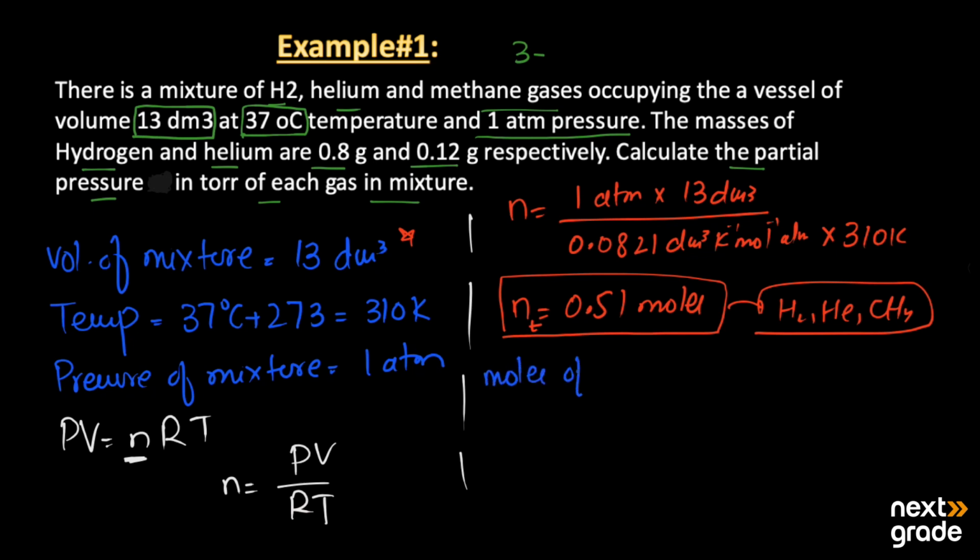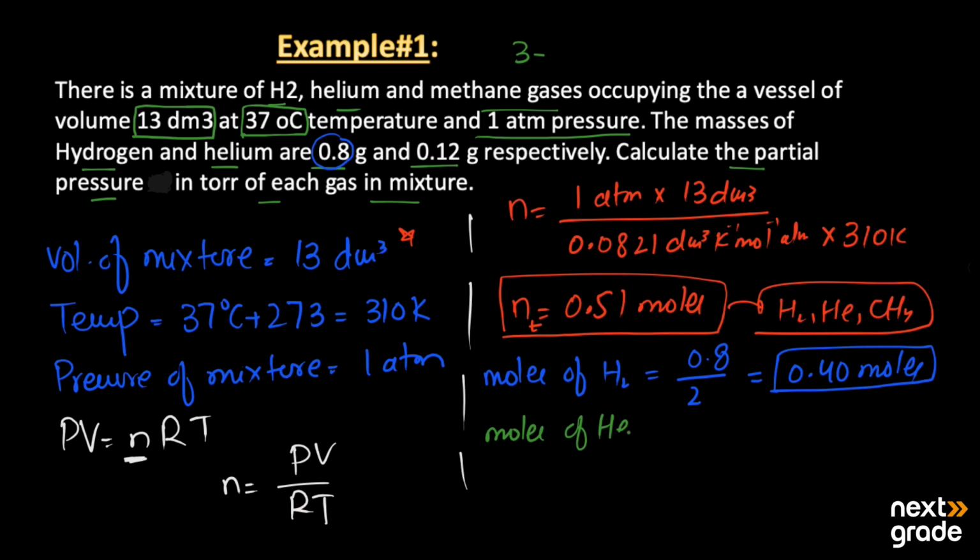Moles of hydrogen: we have its mass, 0.8 grams, and the molar mass of hydrogen is 2, so 0.8 divided by 2 gives 0.40 moles. Then moles of helium: its mass is 0.12 gram divided by the molar mass of helium, which is 4 gram per mole, and its moles are 0.03.